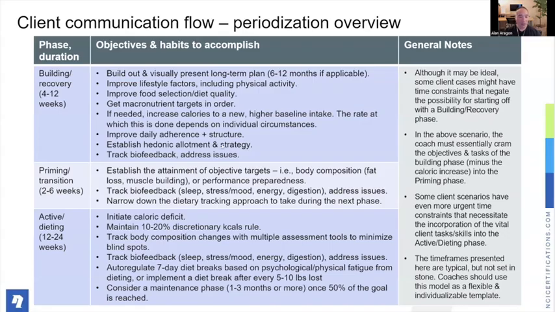This can be done by just allocating 10 to 20% of total calories from whatever the person wants. And then, of course, you have your 80 to 90% of the diet being wholesome, whole foods and minimally refined foods of sound to Spartan food selection. So, and of course, track biofeedback and address any issues.